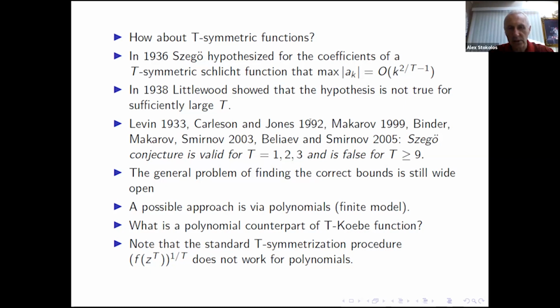It's just a desert, absolutely terra incognita. Unfortunately, to symmetrize polynomials is not an easy task, because standard symmetrization looks like this one. We raise z to the power t and extract the t-th root. For a univalent function, it works perfectly. But if it's a polynomial and you extract a root, it might not be a polynomial.